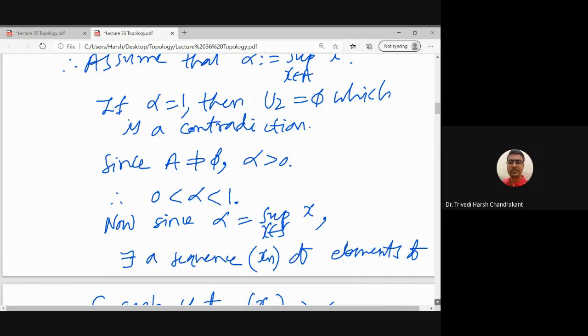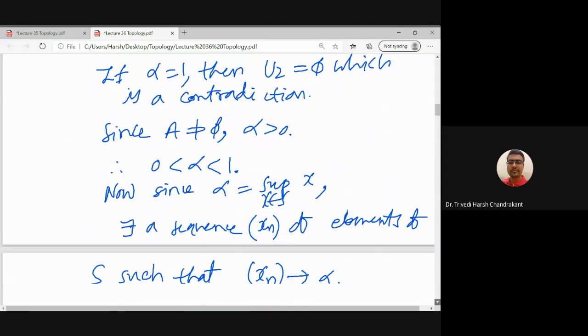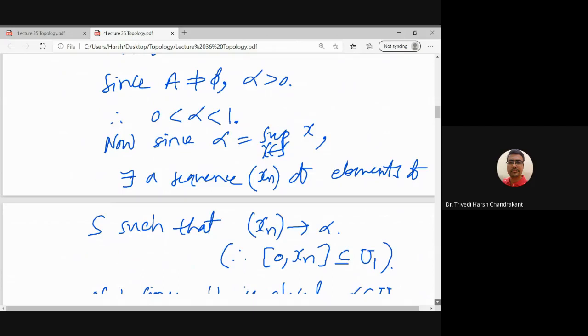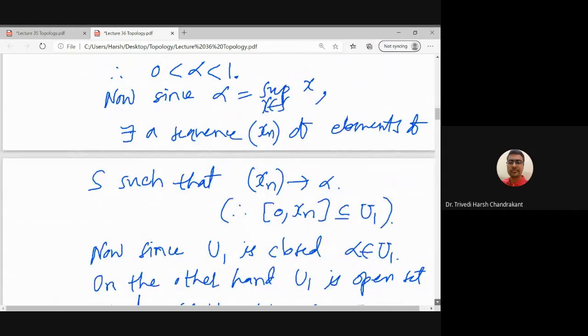So alpha is basically a limit of xn such that xn belongs to the set A. xn belongs to the set A means the closed interval 0 to xn is a subset of u1, because that is the condition of the set A. So we get a sequence xn converging to alpha such that the closed interval 0 to xn is a subset of u1, and then we know that u1, u2 is a separation, so therefore u1 is a closed as well as open set.